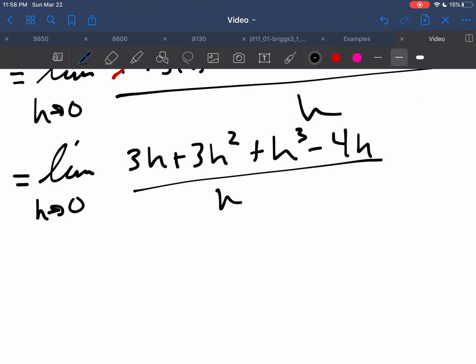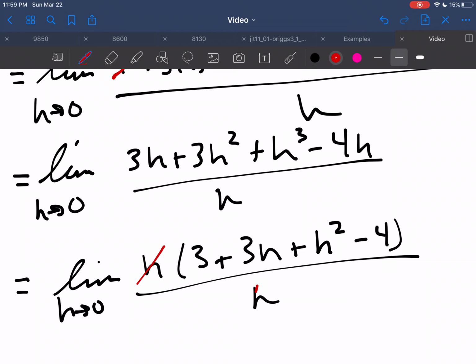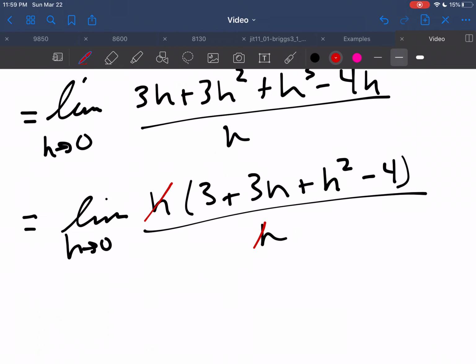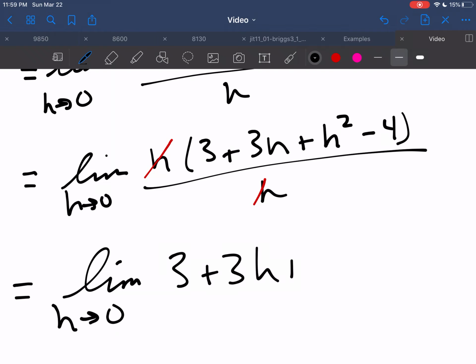I've got an h in each of those terms in the numerator, so I will factor it out. h times 3 plus 3h plus h squared minus 4, all divided by h. I can then cancel my h's, and I'm left with the limit as h approaches 0 of 3 plus 3h plus h squared minus 4.